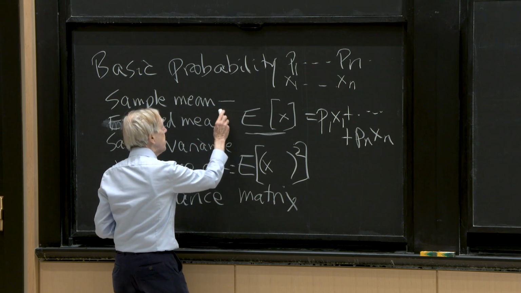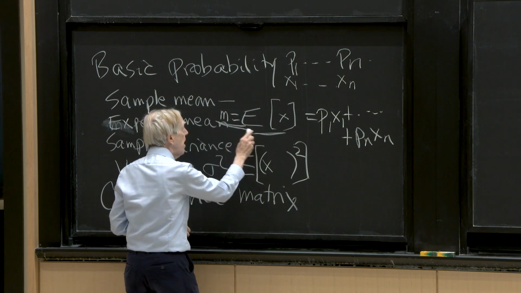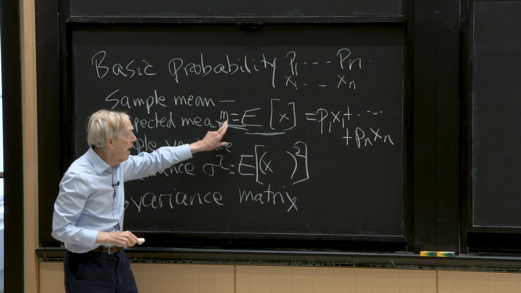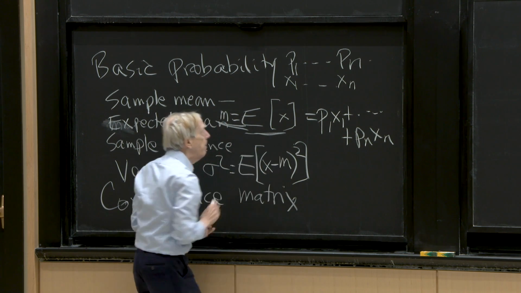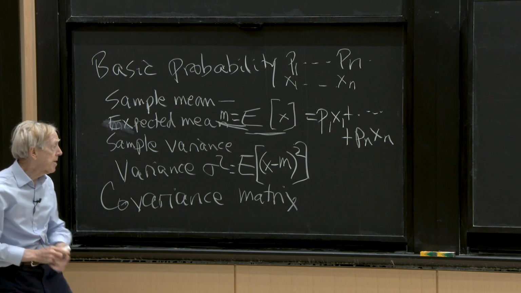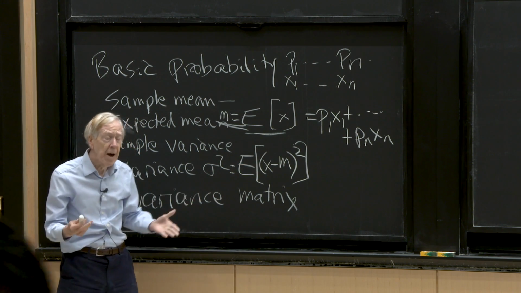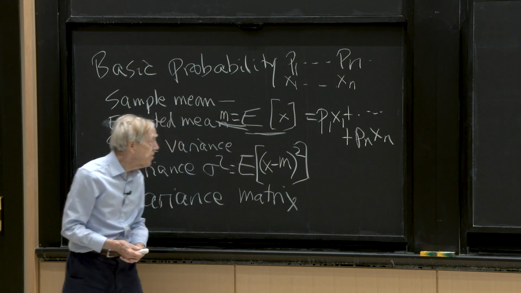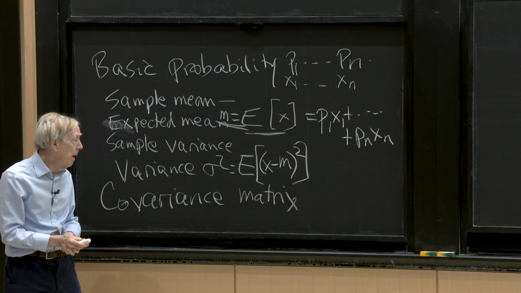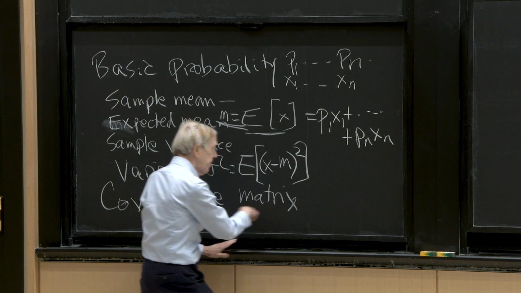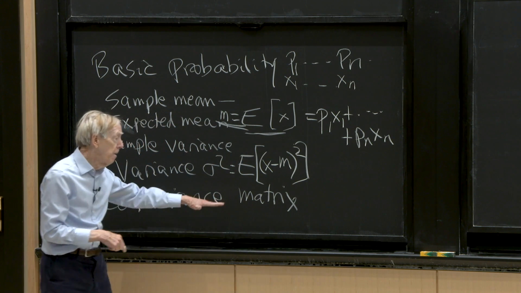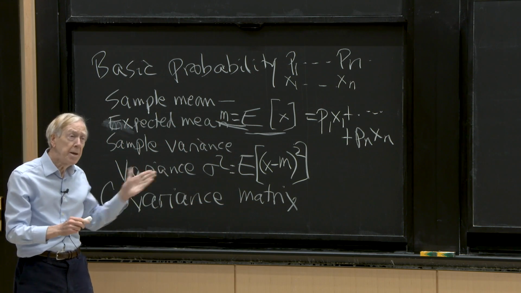Let me call this M, just to have a smaller letter. So it's the distance x minus M. It's the expected value, the average value of x minus m squared. And in general, of course, this covariance matrix I could express with that E notation.